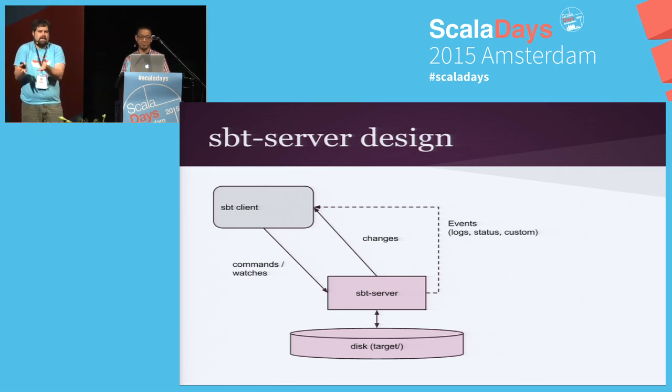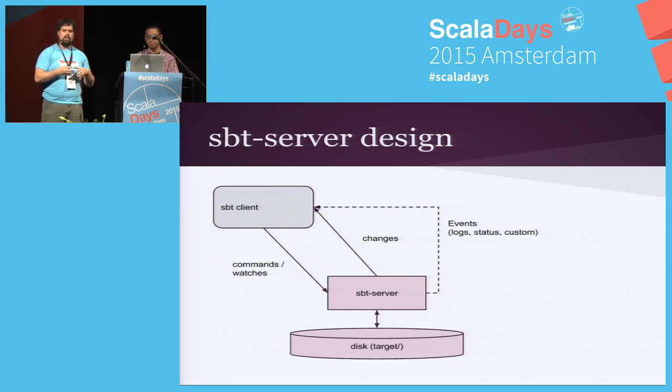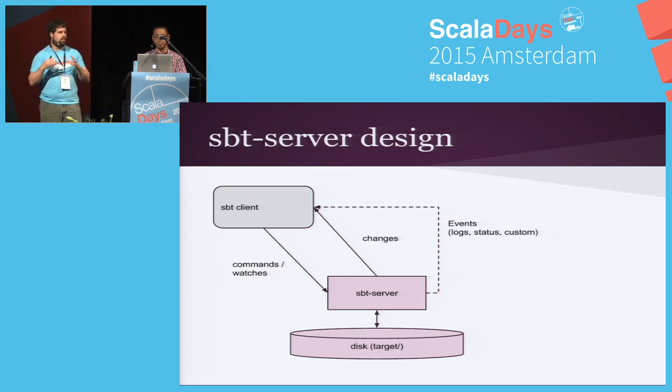The build works with disk. You cannot get away from disk. So you have to try to hide things about disk if you want to pretend like it's not changing underneath you. Instead of doing that, we try to limit the thing which touches disk to be SBT server, communicate changes out to clients, and then we also have events streaming back, logs, that sort of thing. So the idea here is a client connects and says, here's the bits of your build I'm interested in, and change notifications come back when things change.